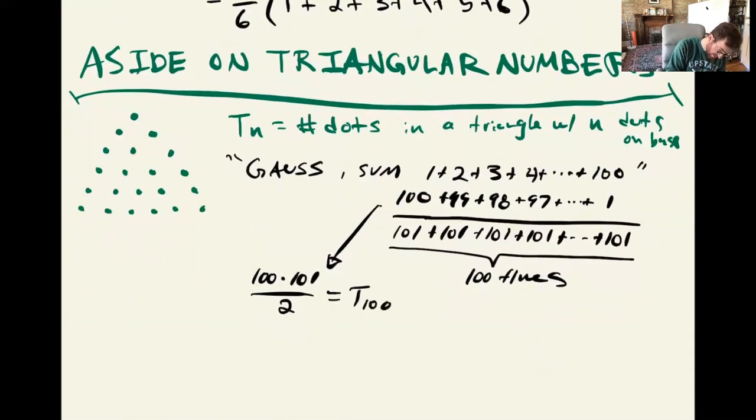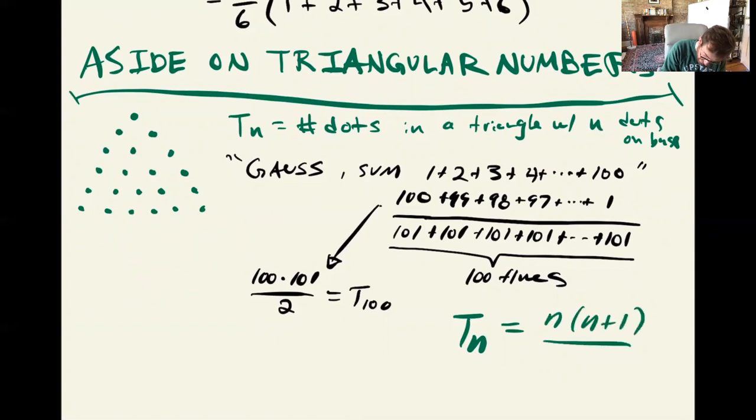And so in general, if I were to take n and do Tn, I'm going to go ahead and write it here, I'll do it in green. So Tn equals, well, it's the number you're trying to sum up to, times n plus 1, divided by 2.